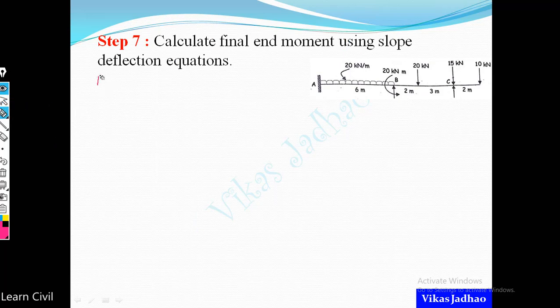Now for AB, the final end moment MAB will be equal to MFAB plus 4 EI theta A divided by L plus twice EI theta B divided by L. We can also write it as twice EI by L into twice theta A plus theta B. Substitute the values here, and we get the equation like this.